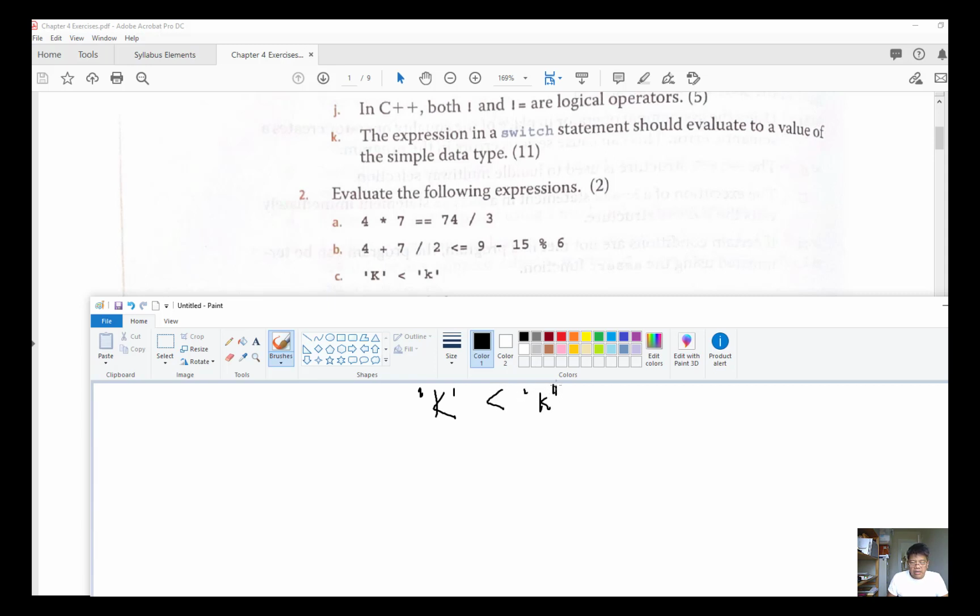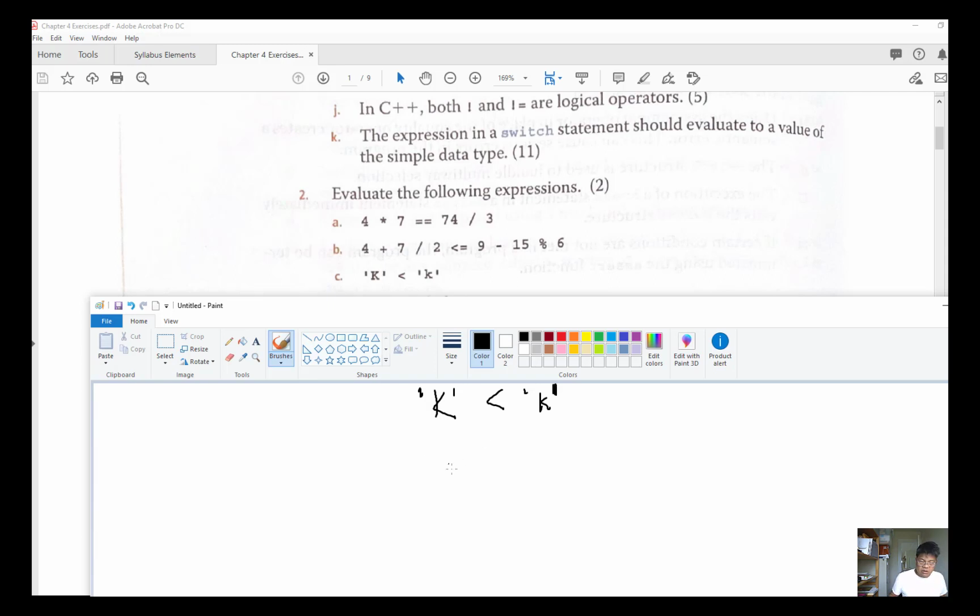This is a single quote. So you look up the uppercase K. There's a couple of ways you can do this. You can look at your appendix or the table in your book, at the beginning of your chapter, on page 190, or the ASCII value in the back. If you look at uppercase K, it's number 75.